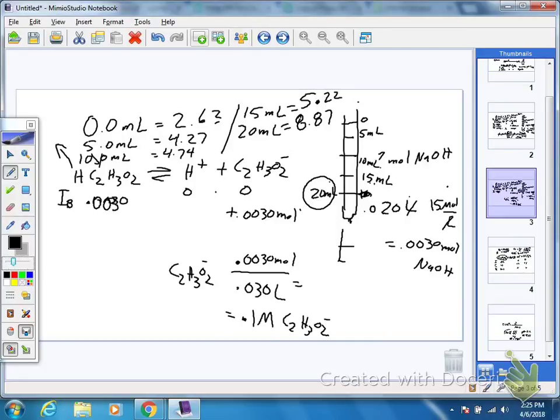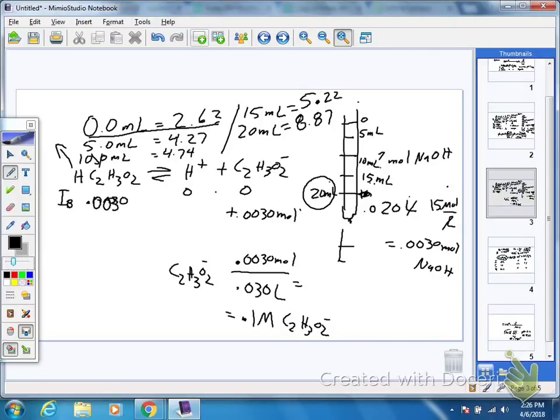So the first one, we just went ahead and solved for X without having anything in of a weak acid. When we added 5, 10, and 15, we used the Henderson-Hasselbalch equation where we figured out the moles of acetate ion and acetic acid.